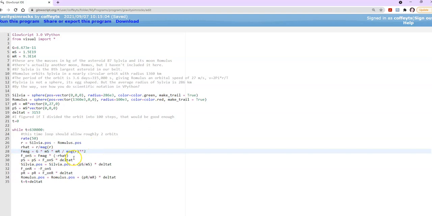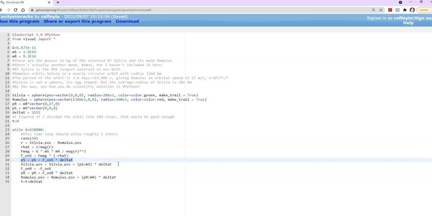Now, once I've calculated my force, I apply my momentum update equation. So the momentum of Sylvia is equal to the old momentum of Sylvia plus the force on Sylvia times delta T. And then I do my position update equation. Sylvia's position is equal to its old position plus V average, which is Sylvia's momentum divided by its mass, times delta T.